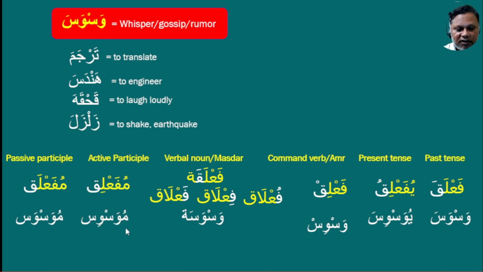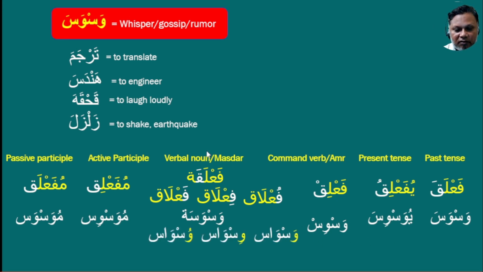And the active participle is muwaswis. The passive participle is muwaswas. One is muwaswis, this is kasra, and passive is muwaswas, this is fatha. Active and passive are similar to the 3-root letter.